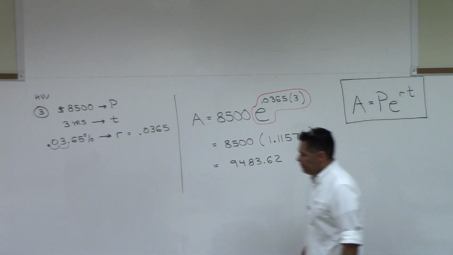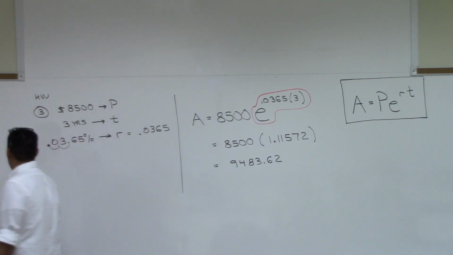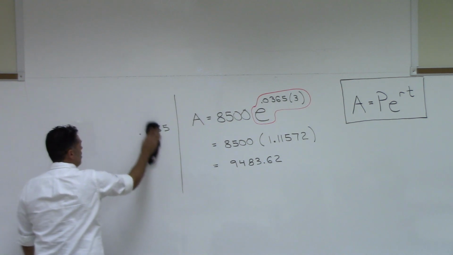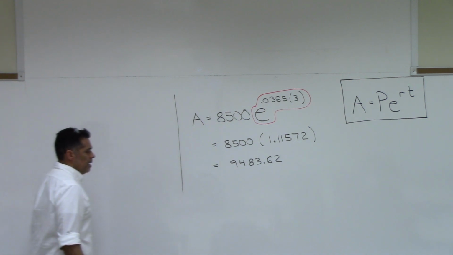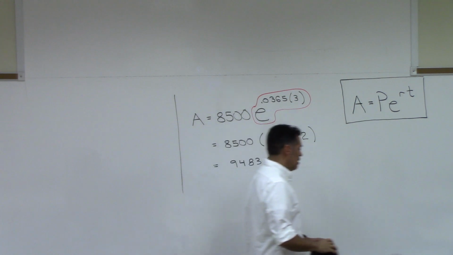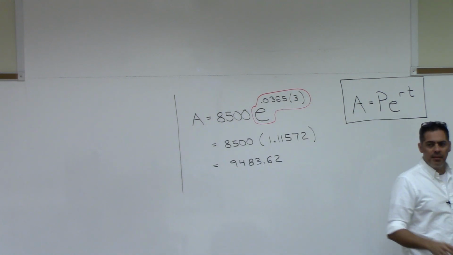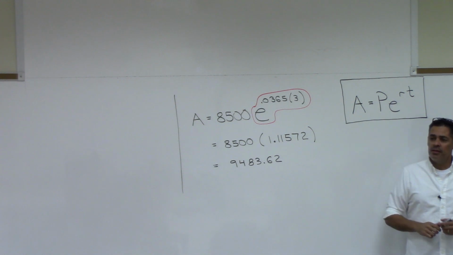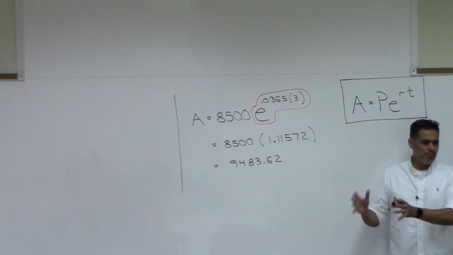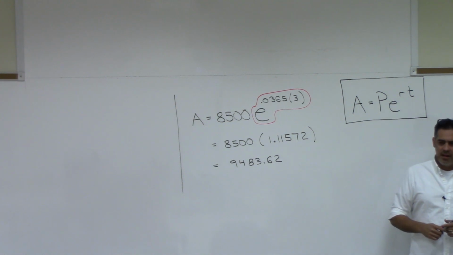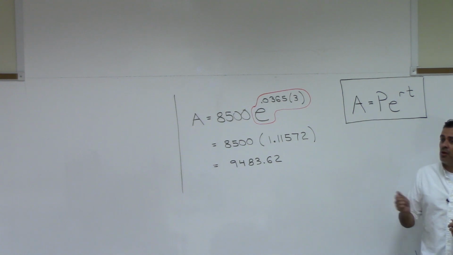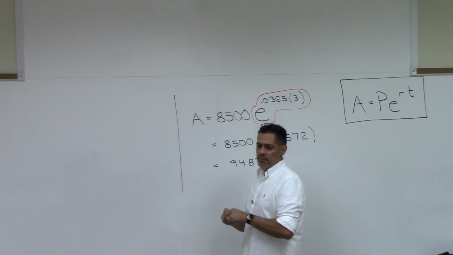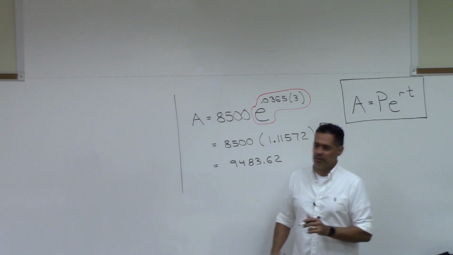Yes? Okay. So let's do another problem, all right? And let's do a problem where instead of you having $8,500 and you put that in the bank and you want to see how much money you'll have after 3 years, let's say you make a pretty large purchase for $8,500, but you put it on a credit card. And let's see how much you would owe if you didn't make any payments for 3 years.